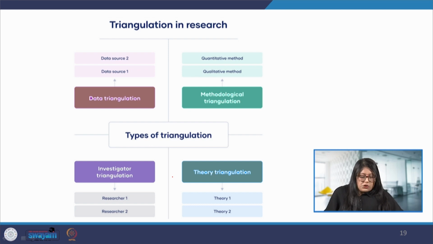In methodological triangulation, we use different methods to approach the same research question. This is the most common type of triangulation, and researchers often combine qualitative and quantitative research methods in a single study. For example, we want to understand the purchase criteria and behavior of, say, teenagers and elderly on a shopping website.